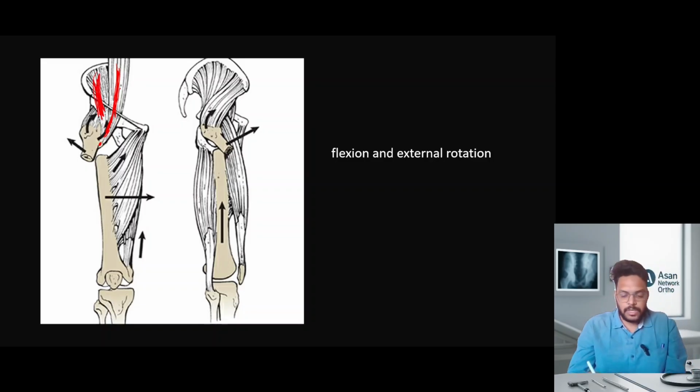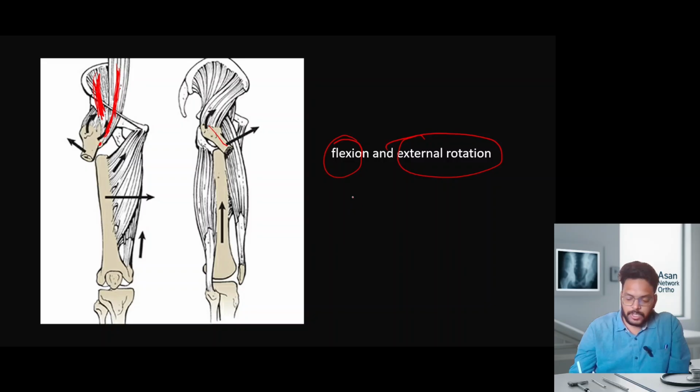The iliopsoas will cause flexion of the proximal fragment, and the short external rotators will cause external rotation of the proximal fragment. So the proximal fragment is in flexion and external rotation. That is why reducing the fracture is difficult, and hence the importance.